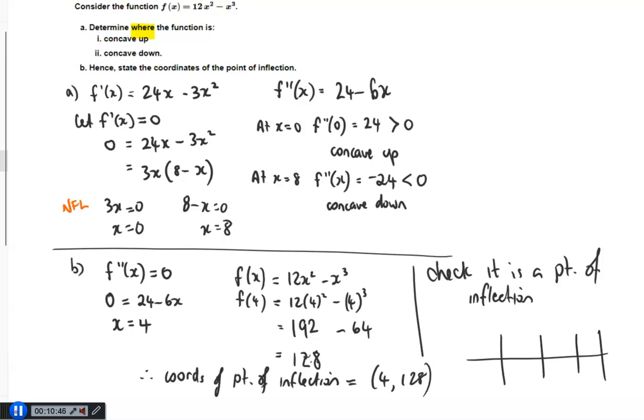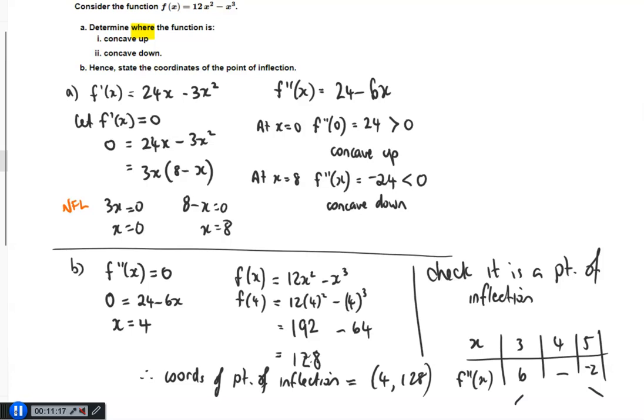Yeah, second derivative test. We're going to have x and f double dash x. We know that point's 4, so we just pick points 3 and 5. They're going into the second derivative, a linear function, which makes life very simple. So 24 minus 18 is 6, which is positive, and then 24 minus 30 is negative 6, which is negative.